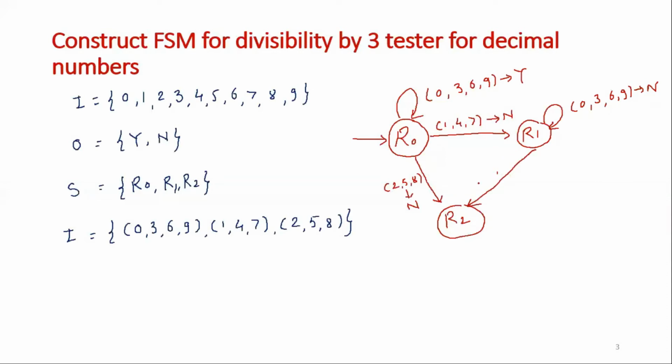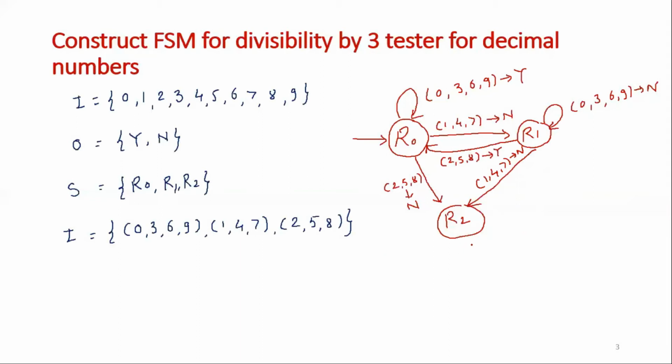So in R1, if I get input as 147, output will be no. Then in R1, if I get input as 258, my number will be 3, 6, 9, and if I divide that by 3, it will generate remainder as 0 and output will be yes. So here 2, 5, 8 and output will be yes.